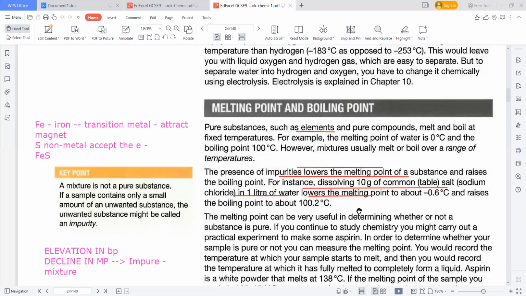If something is pure, it will boil at a fixed boiling point and melt at a fixed melting point. Elevation in boiling point and decline in melting point are symbols of impurity. I hope this is clear so far.